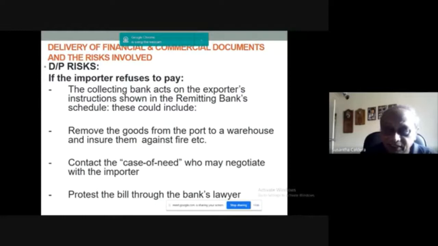Case of need, can somebody tell me the article? Article 25. Protest the bill through bank's lawyers, Article 24. All three I am going to discuss with you separately.